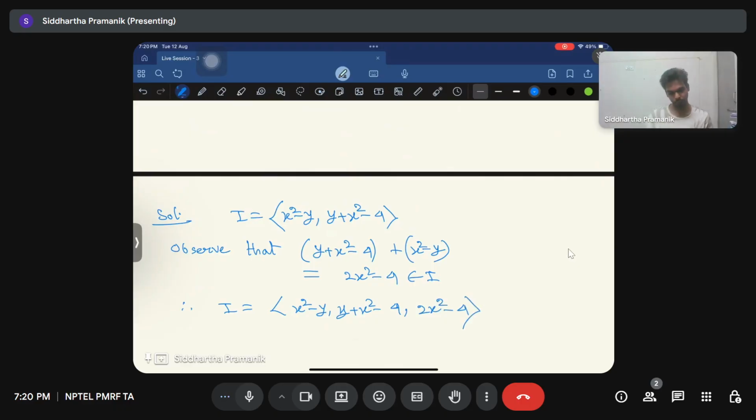We can write this because this element belongs to this ideal, so this is a redundant generator, but it is fine.